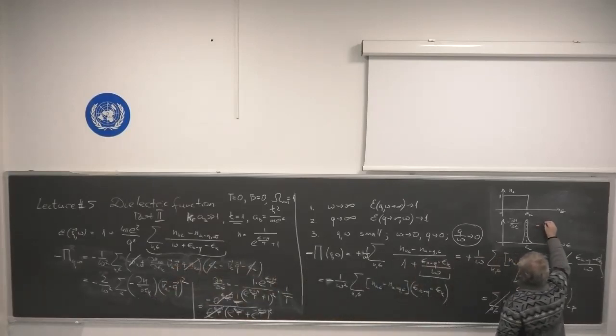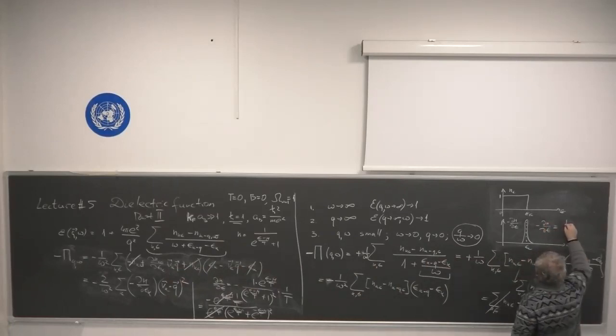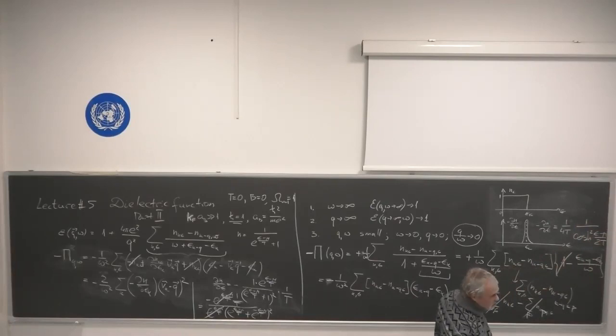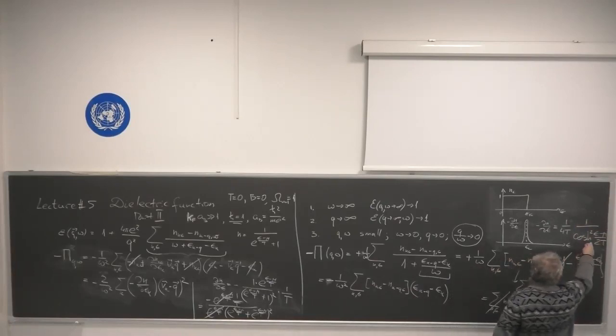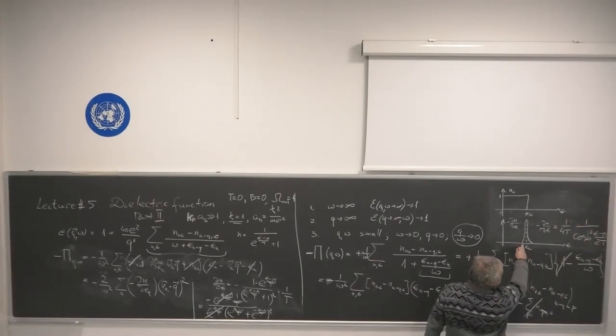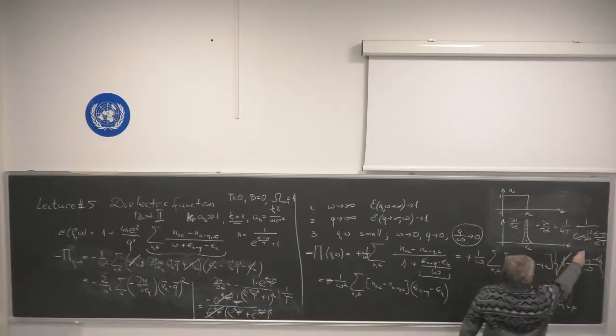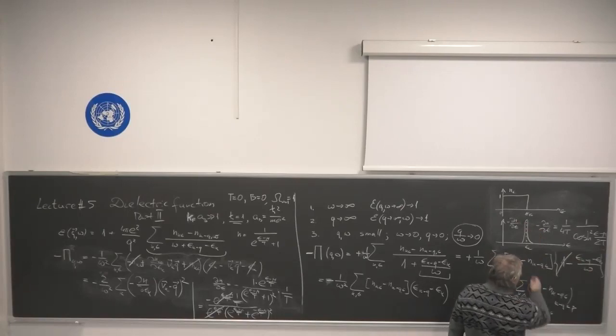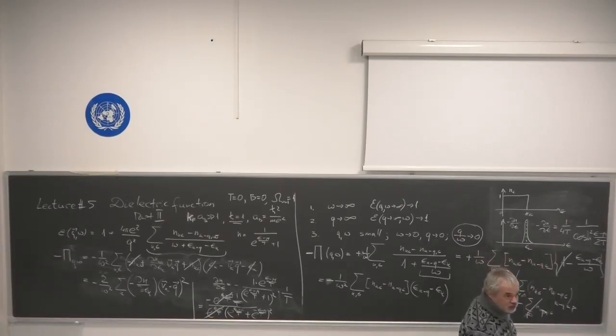So minus dN over d energy is equal to 1 over 4 temperature times 1 over cosh squared of (epsilon minus mu) over 2 temperature. So you see that this is 1 over cosh hyperbolicus. It has this shape: if epsilon is large, there are exponential tails, and when epsilon is equal to mu, it approaches 1 over 4 temperature.